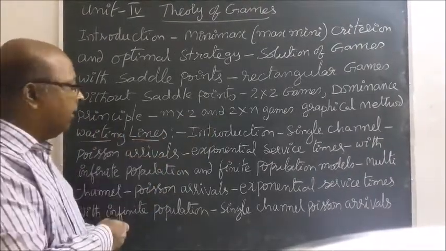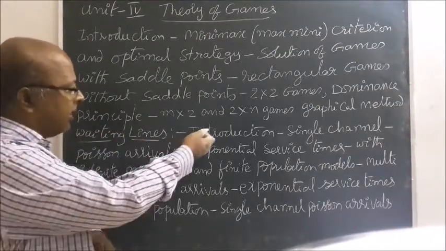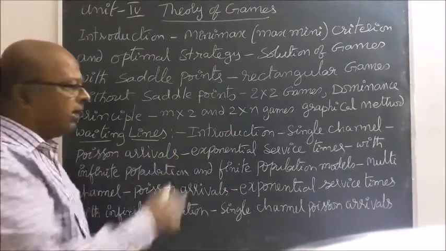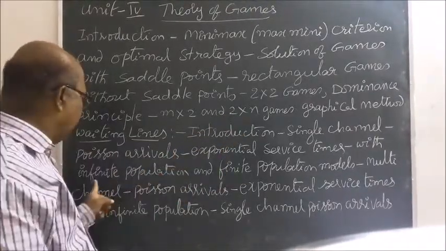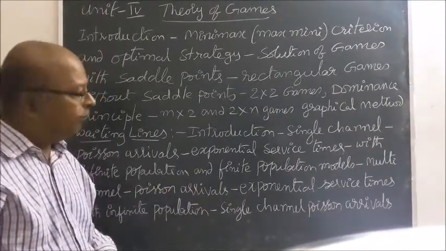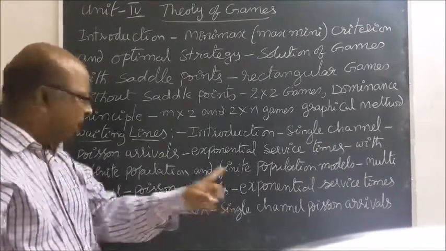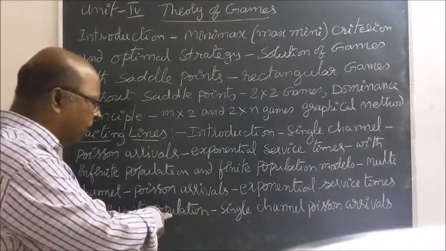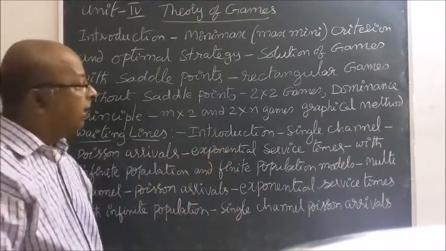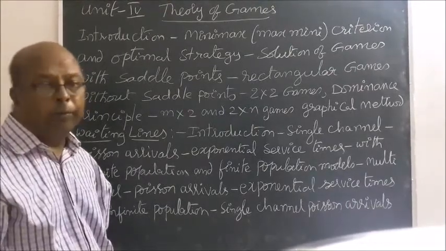Waiting lines, another part of Unit 4: Introduction, single channel Poisson arrivals, exponential service times with infinite population and finite population models. Multi-channel Poisson arrivals, exponential service times with infinite population. This is the syllabus of Unit 4.